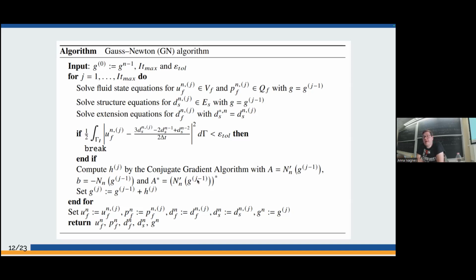Also, we have obtained the analytical formulation of the partial derivative and its conjugate. Okay, this is all done at a continuous level.